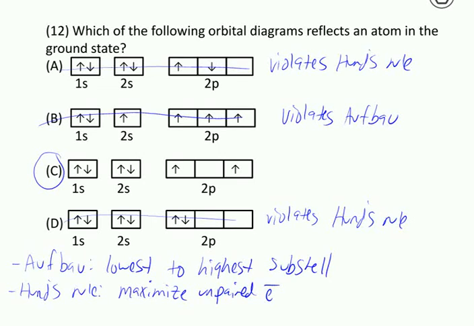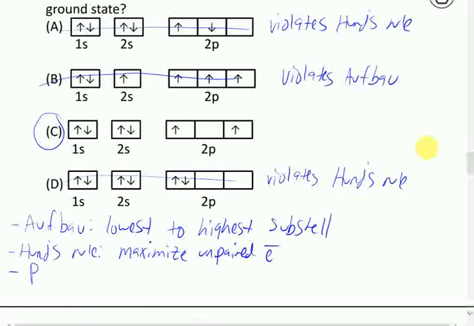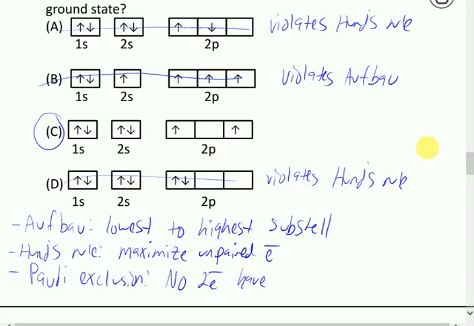Now the third one that we should be familiar with, it didn't come into effect here, is the Pauli exclusion principle. That means no 2 electrons have the same quantum numbers. And it also means 2 electrons per orbital maximum.